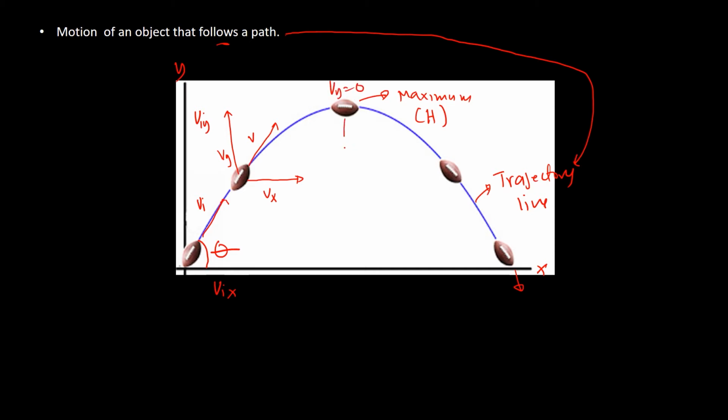So I can label this path here as my maximum height, or it can also be written as y sub max, or some physics books refer to this as a small letter h. But either of those is correct.